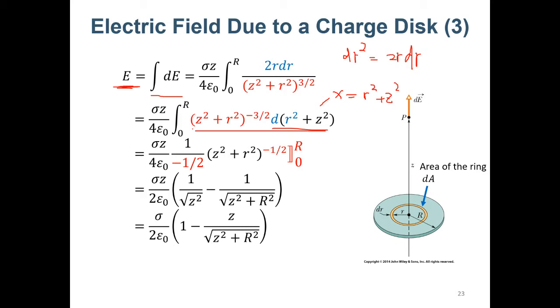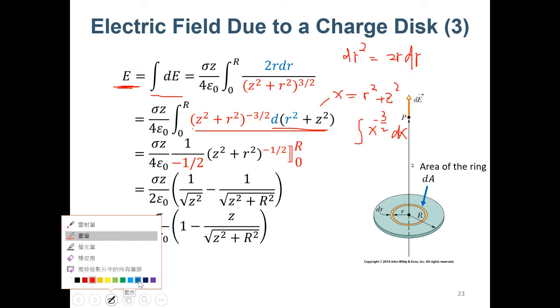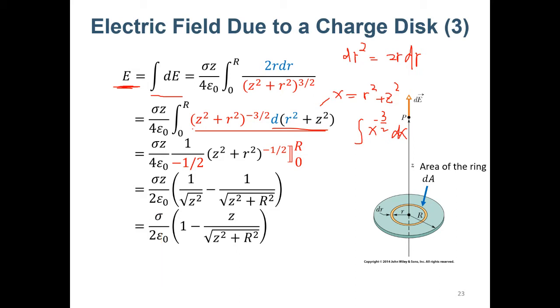So this is you integrate x to the minus 3/2 power dx. So this integration should be very easy. You only need to add one, so it is minus 1/2 power, and then you divide by this term. So this is the integration of this one, and then don't forget the lower and upper bound.